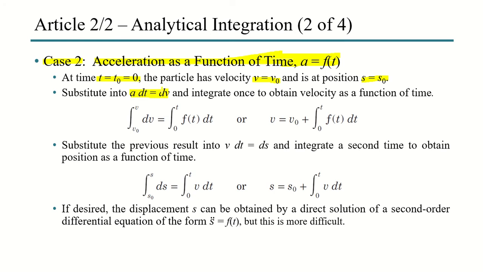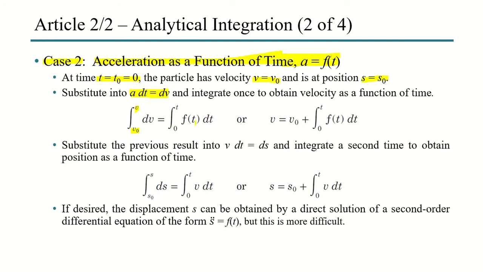Substituting in this equation, and then you integrate both sides, rearrange the position. We put this a dt here on the right side, then dv on the left side, and then integrate both sides. For dv, the limit is from initial velocity v sub 0 to final velocity v, or an instantaneous velocity v, equal to the integral of a.